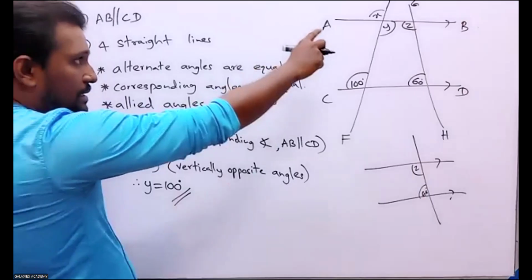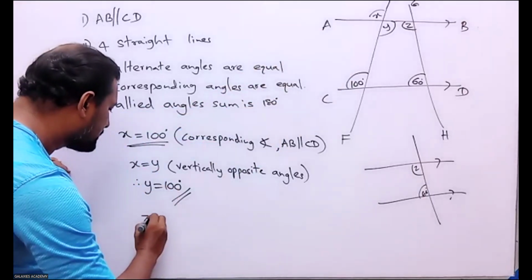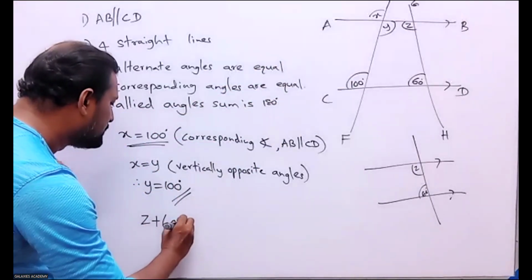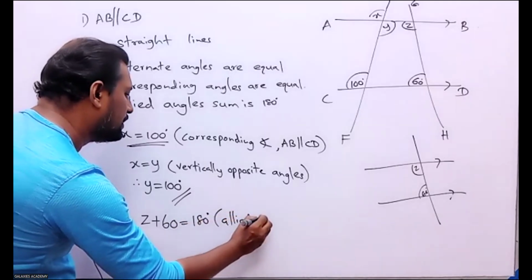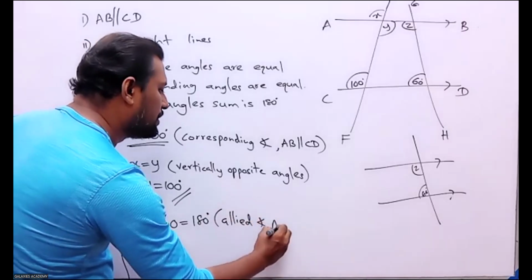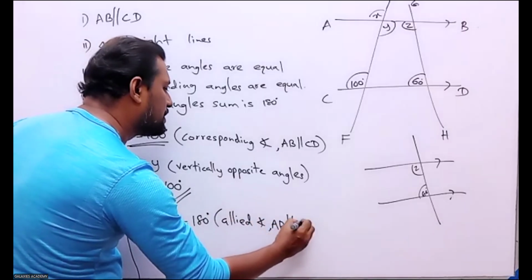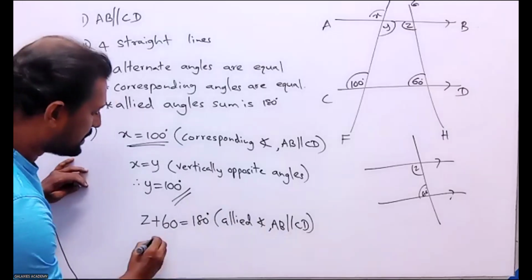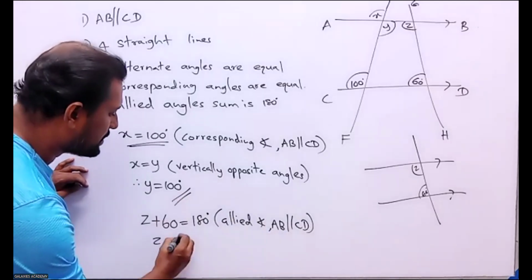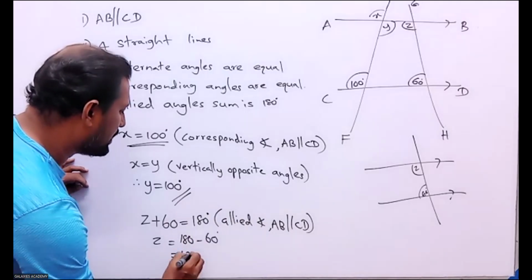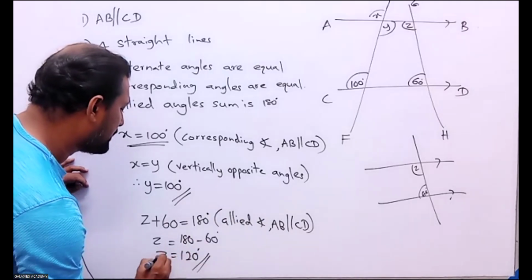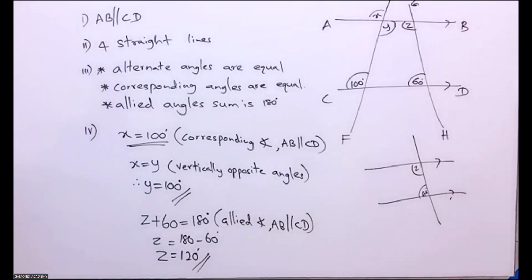So I can write Z plus 60 equals 180 degrees. They are allied angles, also AB parallel to CD. So Z equals 180 minus 60. That means 120. Z equals 120 degrees.